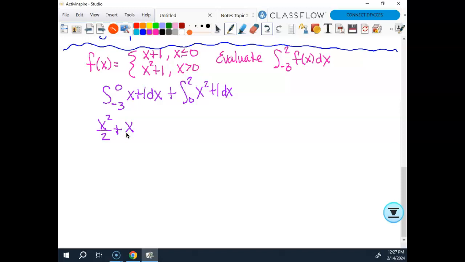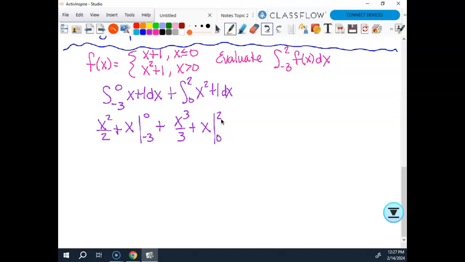No, I'm okay. As long as I've got actual numbers, I don't have to. And I'm going to evaluate this from negative 3 to 0. Then I'm going to add to that this second one. When I integrate x squared, what do I get? X cubed over 3, good. Plus x, and I'm evaluating that from 0 to 2.